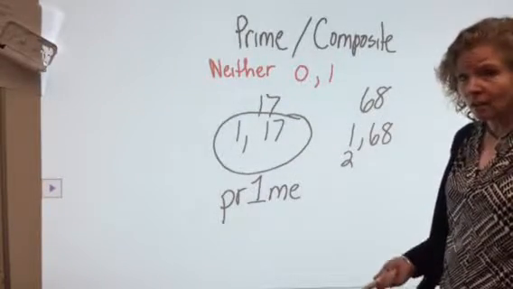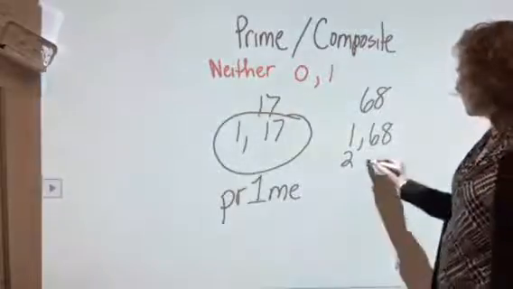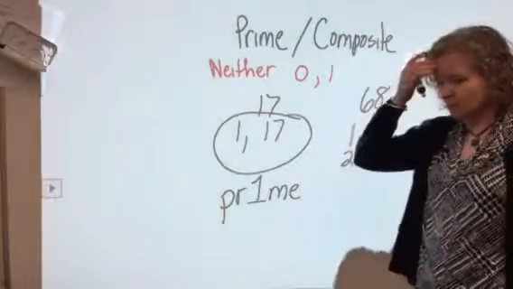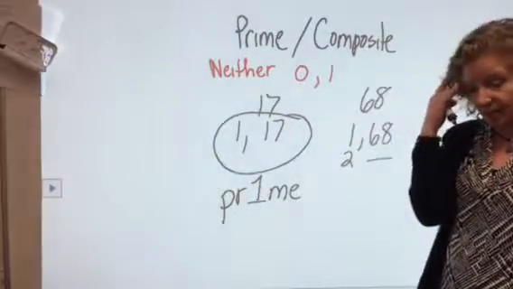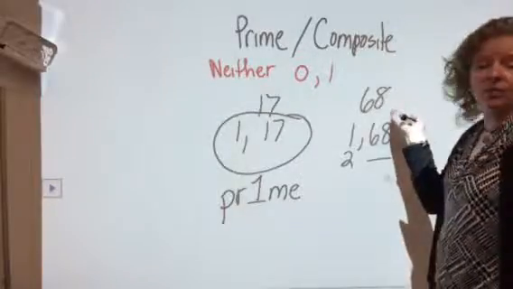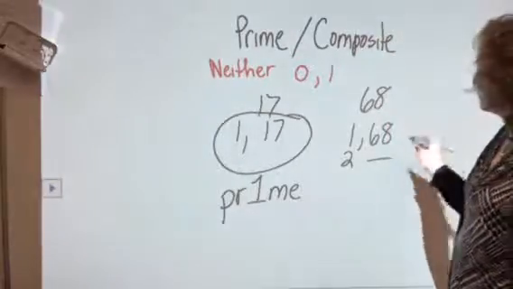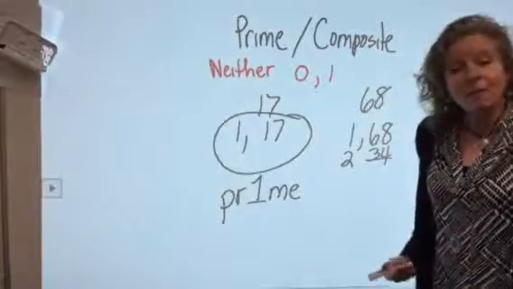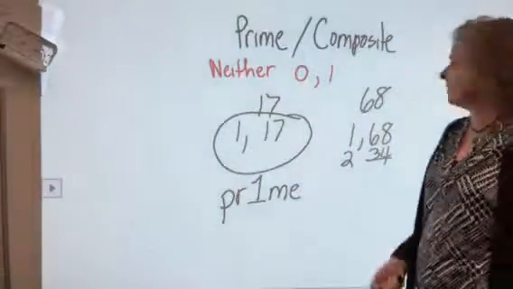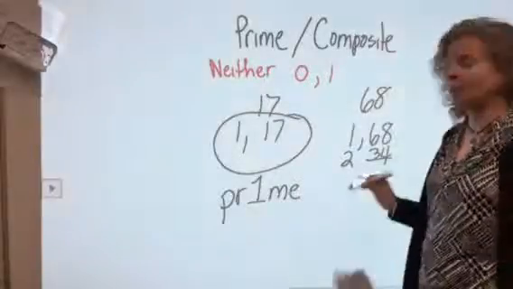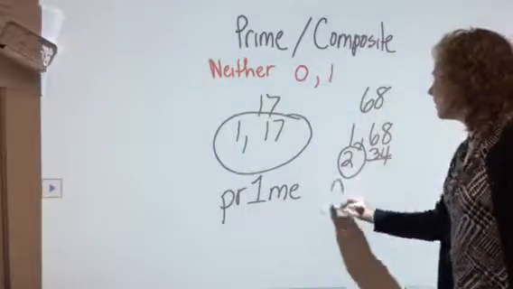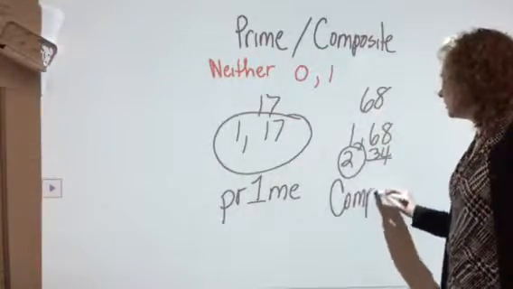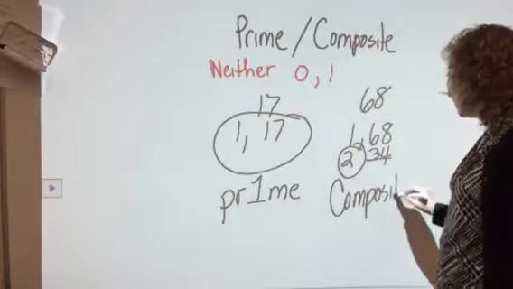So I could figure out what this number is by saying, let's see, 60 divided in half is 30, and 8 divided in half is 4, so I'm going with 2 and 34. Or, you know what? It's enough for me to know my factor rules and say 68 is an even number. Even numbers have a factor of 2, so I already know that this is a composite number.